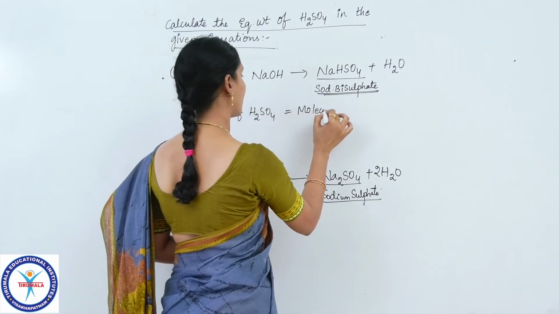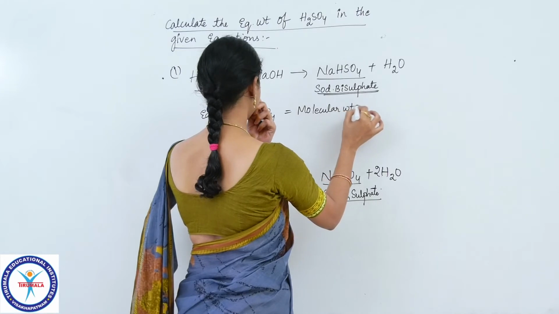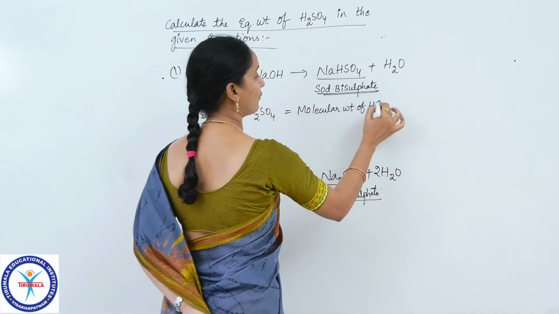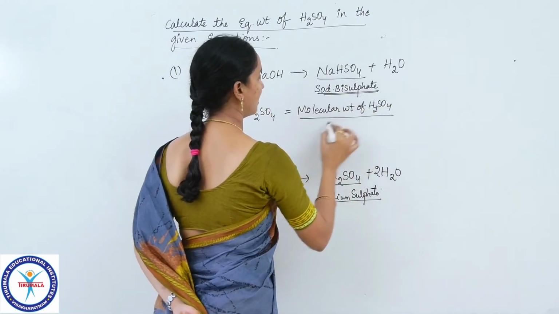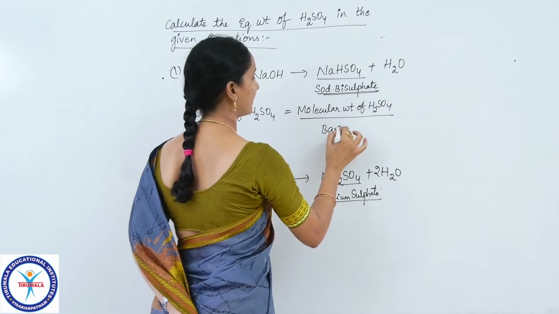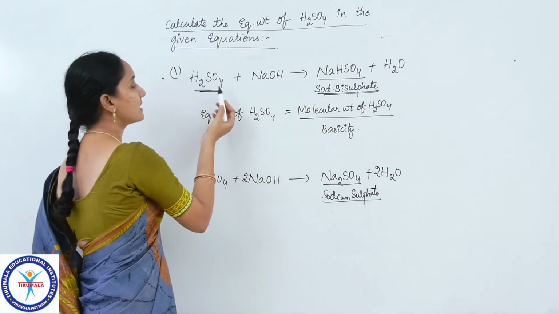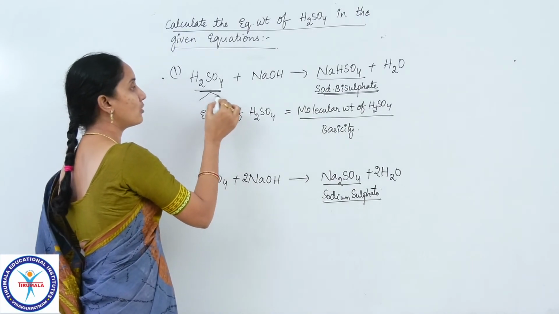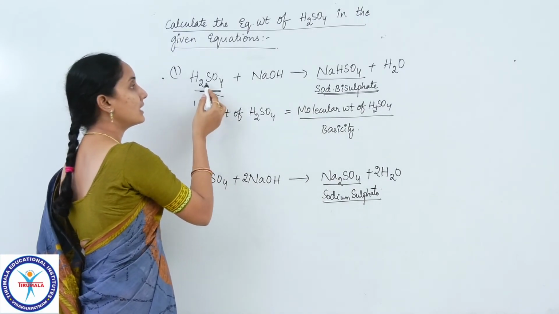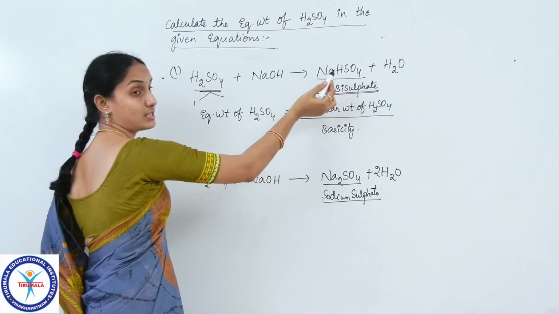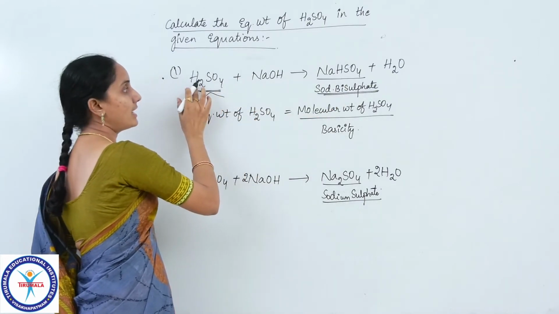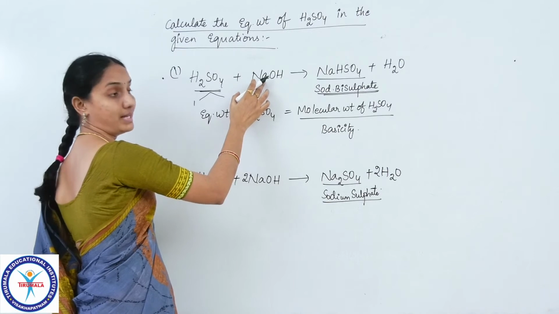Molar mass, molecular weight of H2SO4 upon its basicity. So if you clearly observe in the reaction, children, here this H2SO4 is splitting into what ions? Here only one hydrogen is being displaced. One hydrogen is being displaced by sodium.